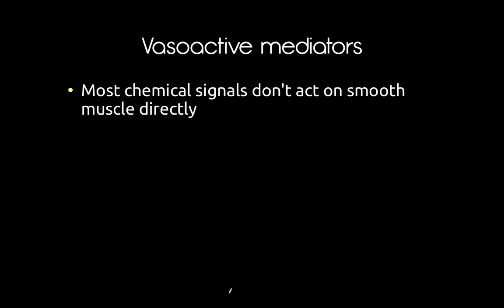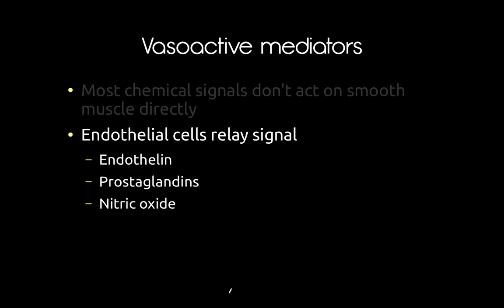But really, most of these signals aren't acting directly on the smooth muscle. What's happening is they're going to actually act on endothelial cells that are associated with the smooth muscle. Those endothelial cells will then release some sort of signal that will then act on the smooth muscle.